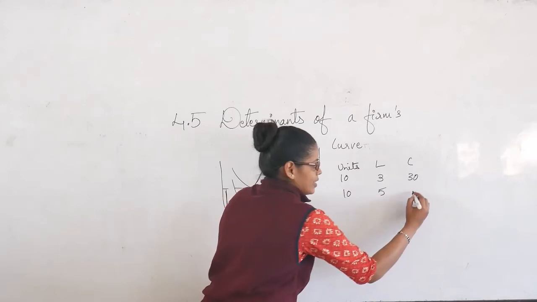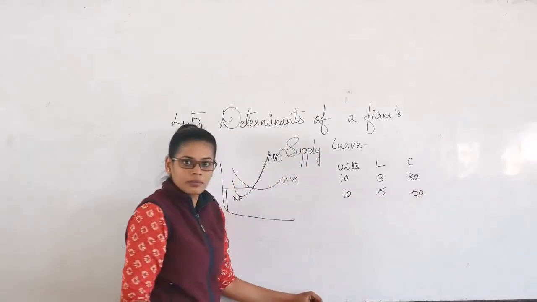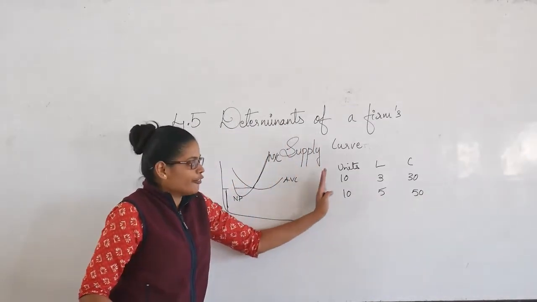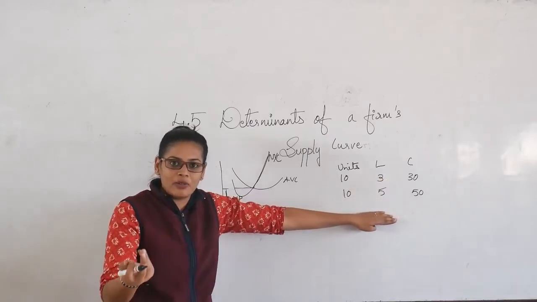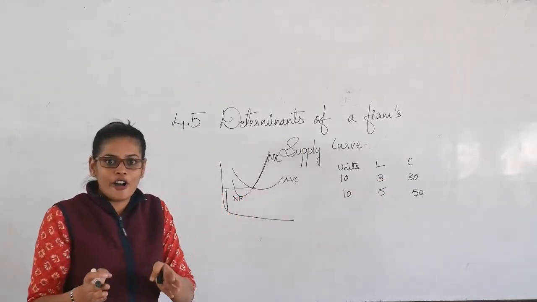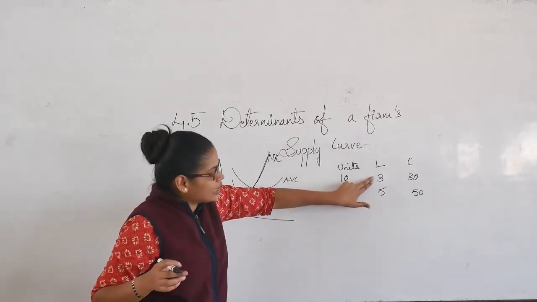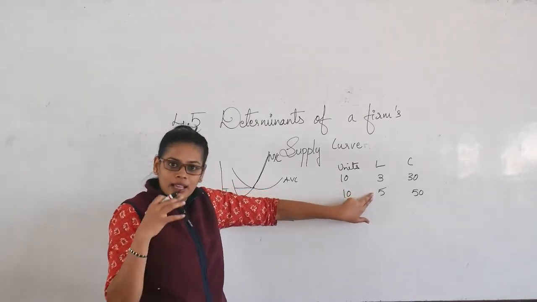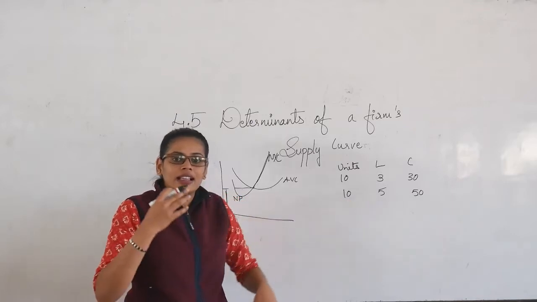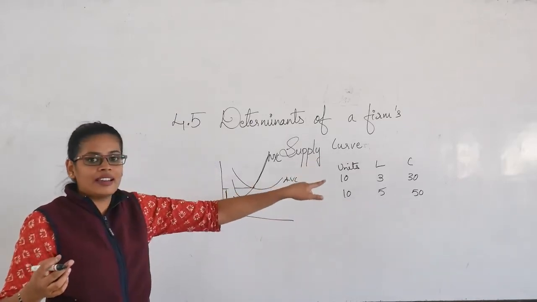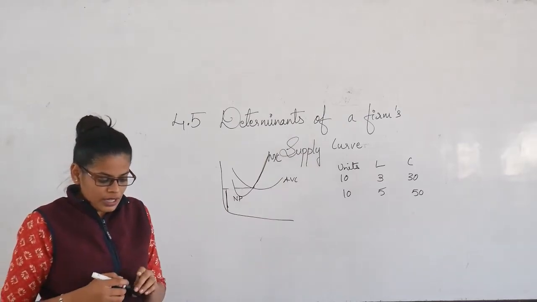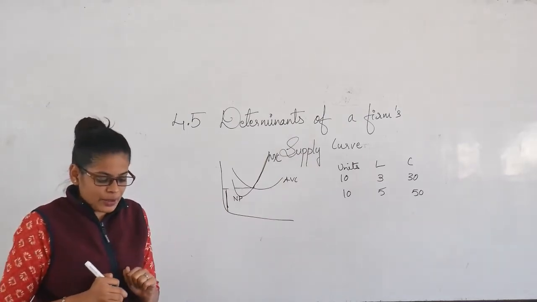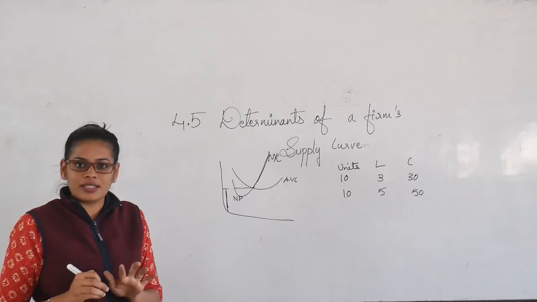Now the cost has increased to 50, right? So the labor wage is an expense for a firm. If there is an increase in the labor wage, then we also have an increase in the cost, which is the expense to the firm. So a change in the input prices also affects a firm's supply curve.